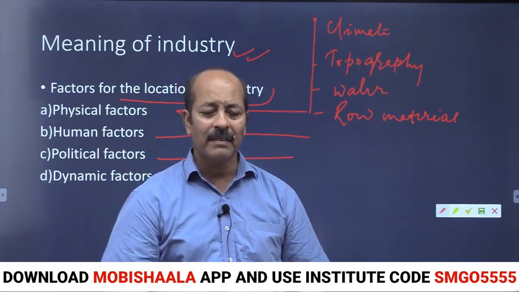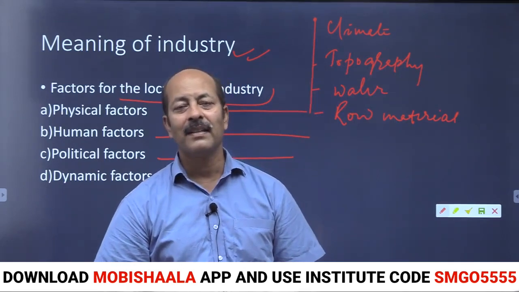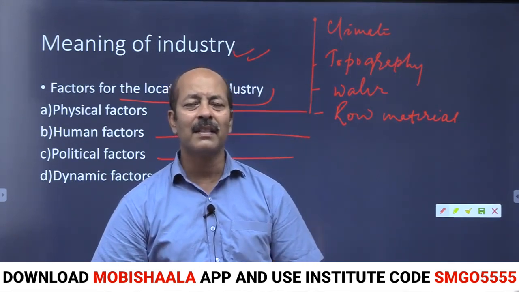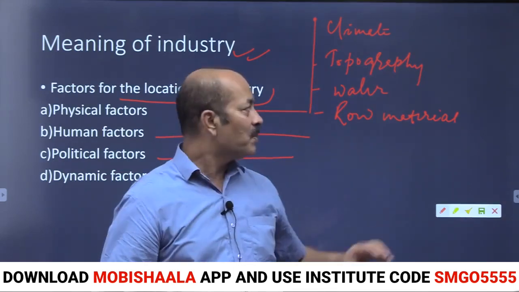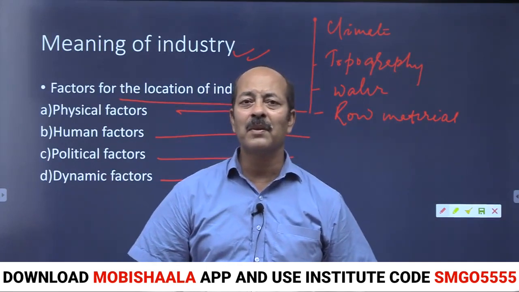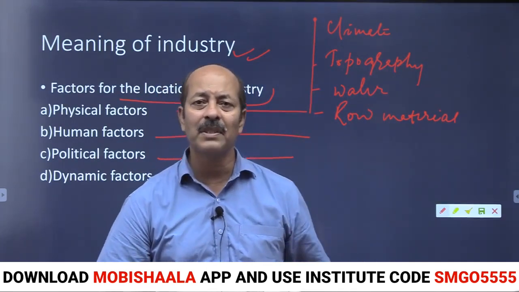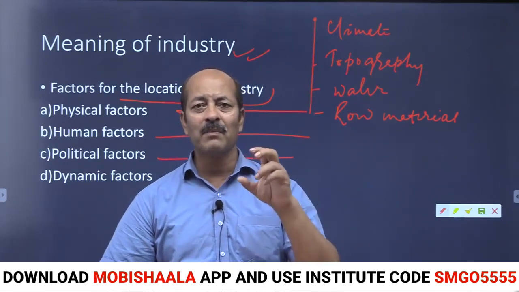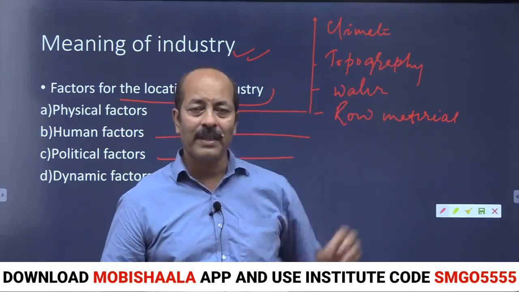So in this area you will find the location of cotton textile in earlier ages. Nowadays there is an artificial environment for industrial areas. Naturally the industries are located close to the coastal area because moisture is available there. The second, you have topography.